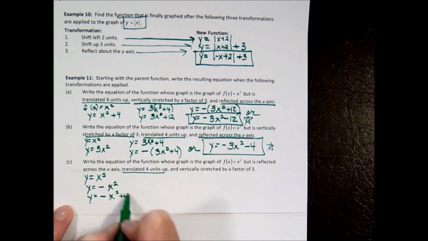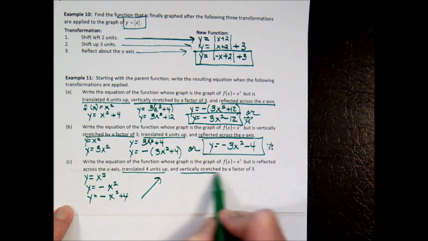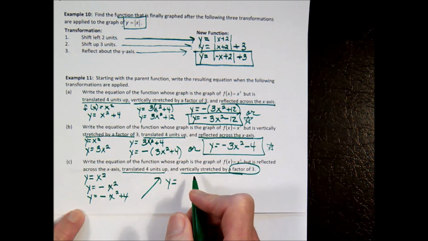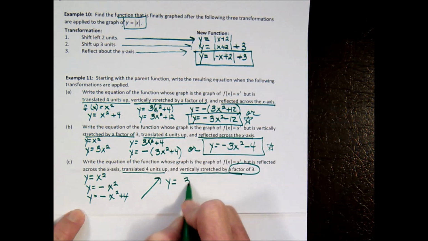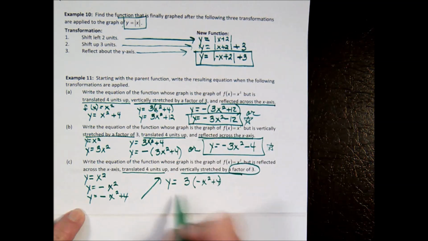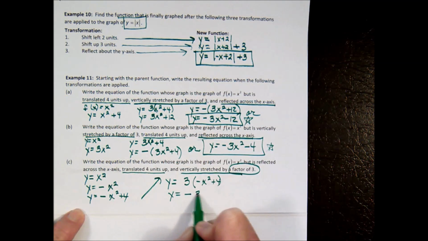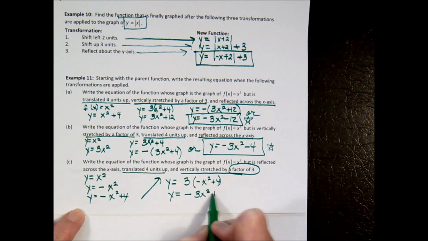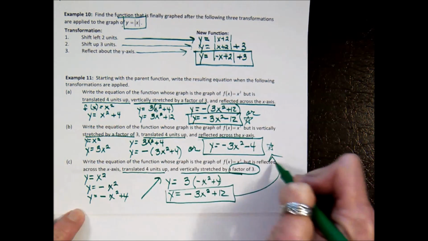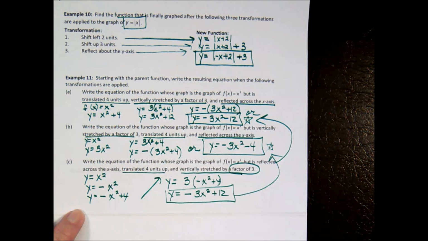And now I'm going to stretch by a factor of 3 the whole right side. So y equals 3 times negative x squared plus 4, which gives me negative 3x squared plus 12. Notice, different, different. It really matters which order you do things in.